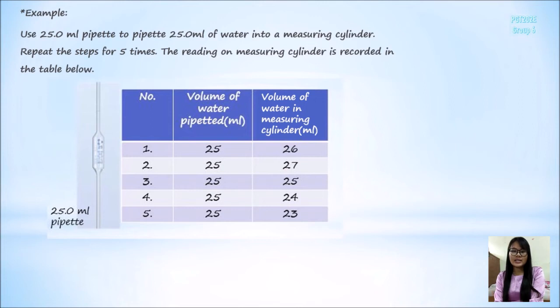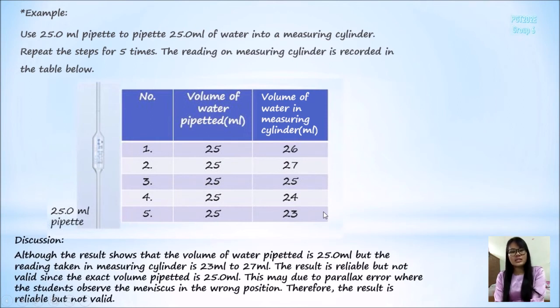From the table, we can see that the volume of water pipetted is always 25.0 milliliters, but the volume of water in the measuring cylinder is 26, 27, 25, 24, and 23 milliliters respectively for the 5 tests.